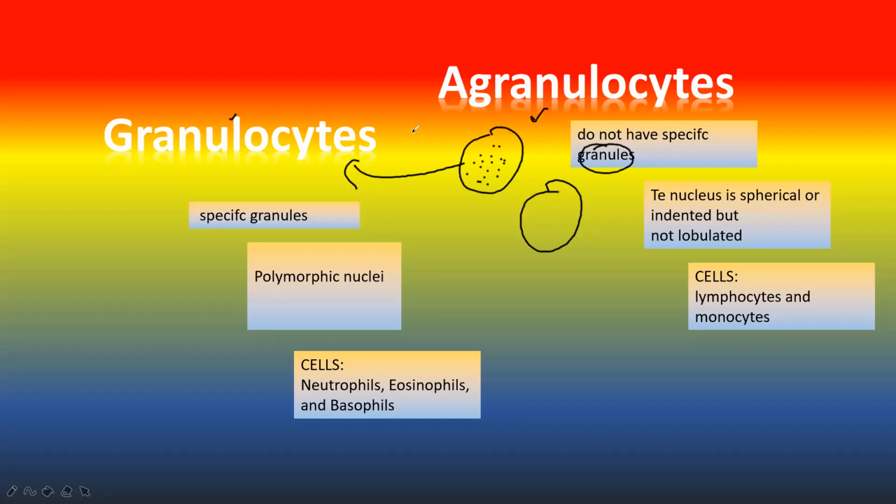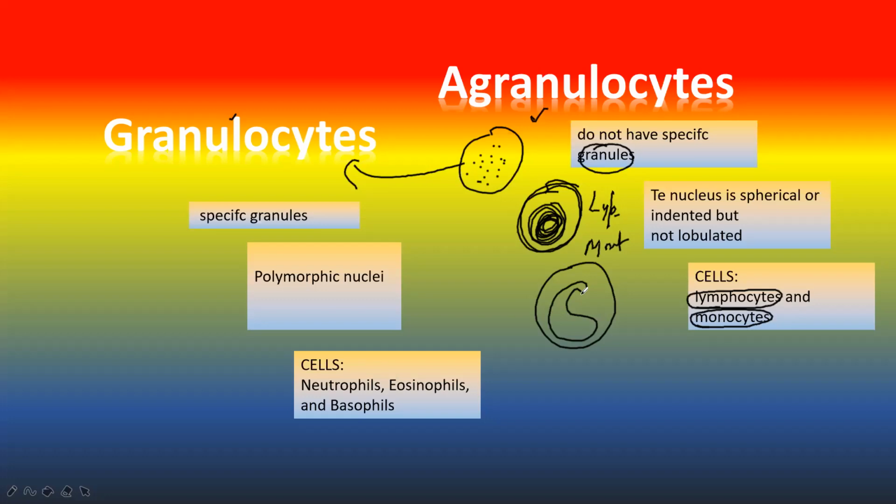According to this classification, all the lymphocytes do not have granules. Monocytes belong to the myeloid line but also do not have any granules. So these two cells are totally clear. One has a much bigger nucleus in the center, the other has a C-shaped nucleus like this. This is a monocyte.